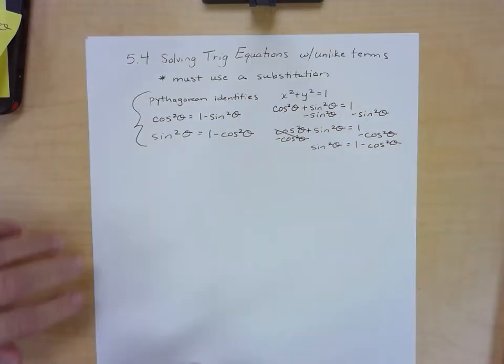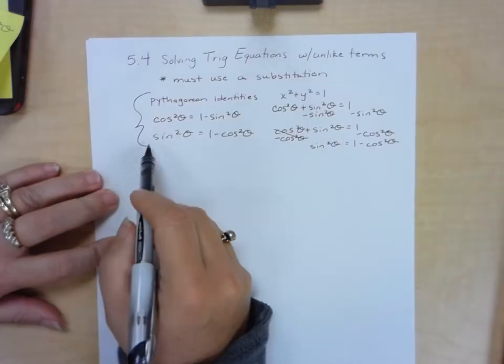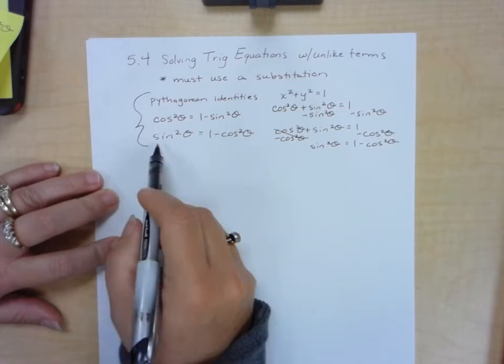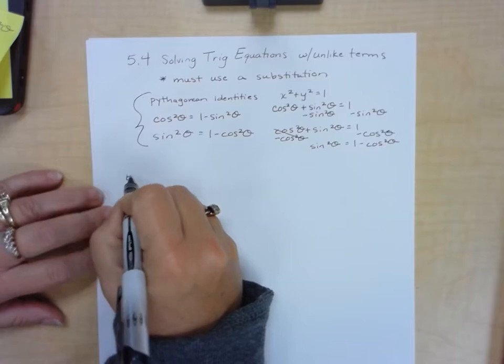So the next question that you should have is, how are you going to know when you need to use those? Here's an example of an equation that would require one of those two substitutions.